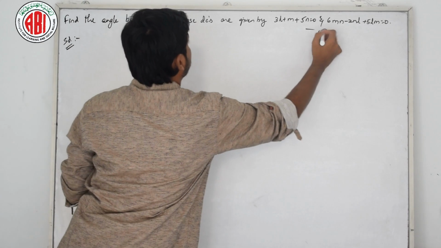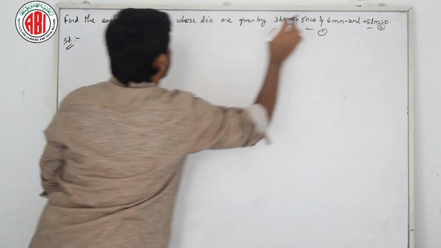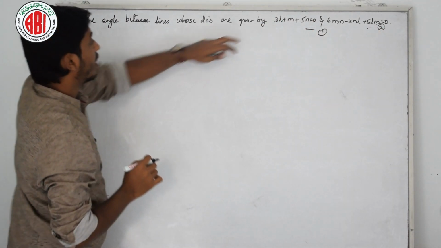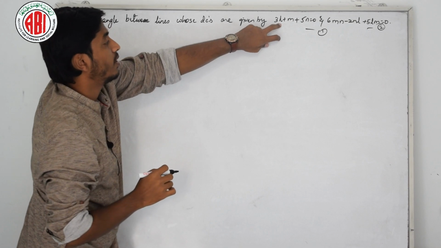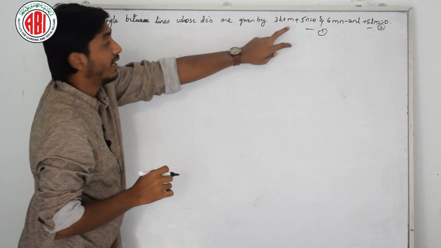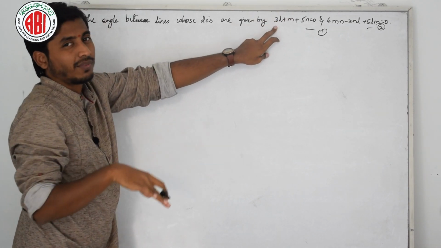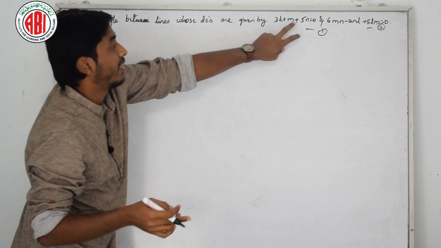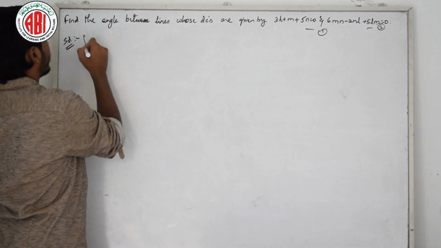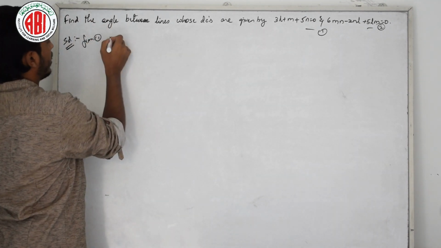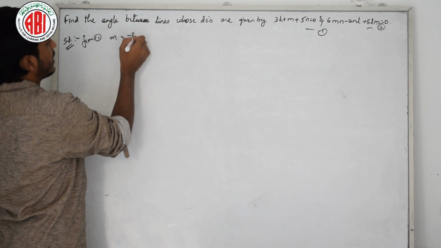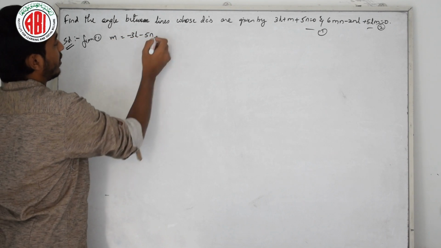Let us take this as 1, let us take this as 2. From equation 1, if 3l is equal to minus m minus 5n, l is equal to something divided by 3. Better than that, let us take m from 1. m is equal to minus 3l minus 5n.